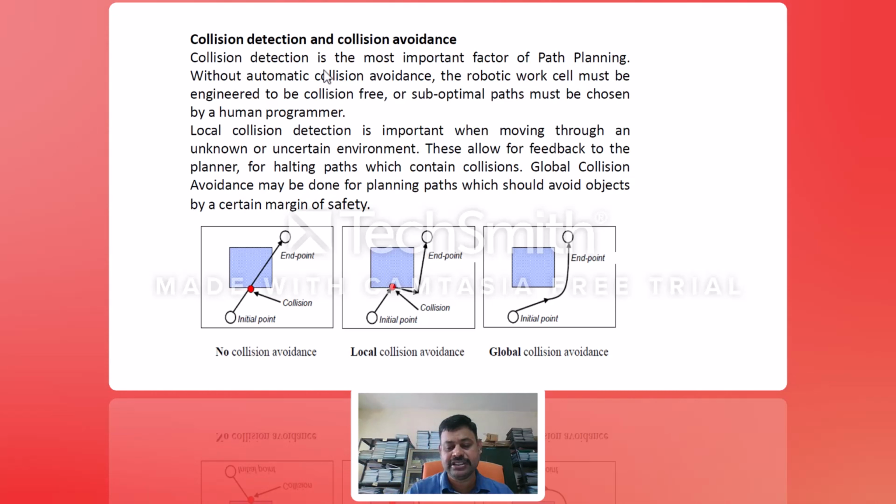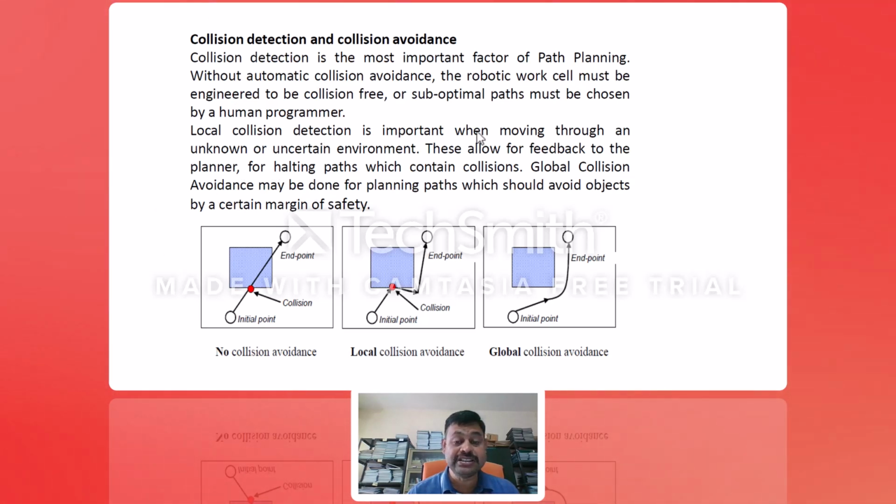Therefore this is important. One of the major uses of robots is to reduce human power and human risk. If a collision comes, the person standing near the machine may die, and again it goes against the purpose. Therefore collision detection and collision avoidance is a very important part of the robot.